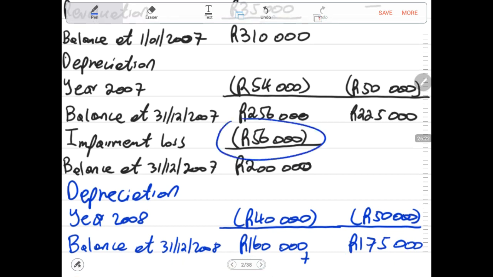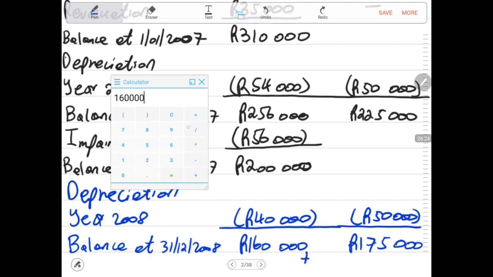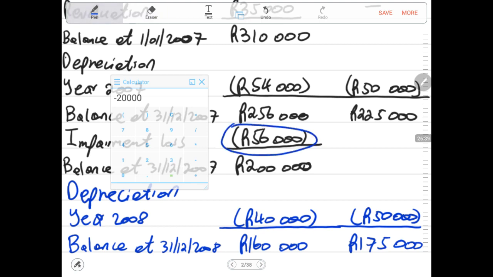No. And by the way, if we say the difference between 160 and 180,000, then let us reverse 20,000. We can't reverse 20,000 out of the previous impairment. We can only reverse 15,000, so that our carrying amount in the actual does not exceed the carrying amount in the historic.